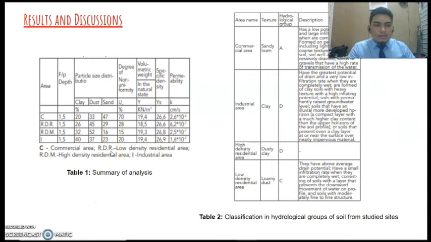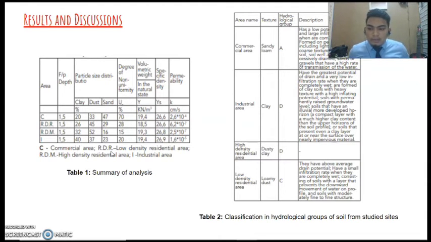So for the result and discussion from this second case study that we took, after the analysis of the texture of the soil profiles, large oscillation was found under the aspect of the 3 categories of particles, so depending on their percentage the soil texture class of the studied site was determined.